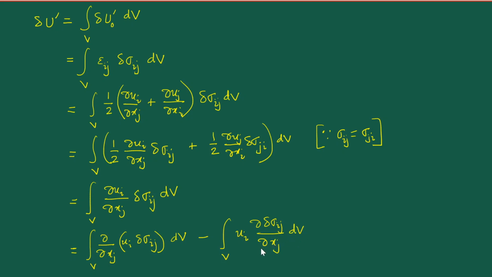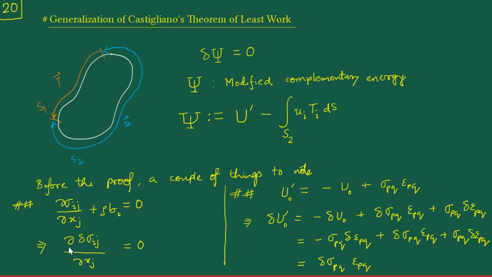All right. Now you note we are in a very nice situation because in the previous slide, when we were talking about those couple of things that we wanted to go into before launching into the proof, we have already shown that for the body to be in equilibrium, this term is equal to 0. You can take a quick glance back here. We have already shown that del delta sigma ij del xj is equal to 0.